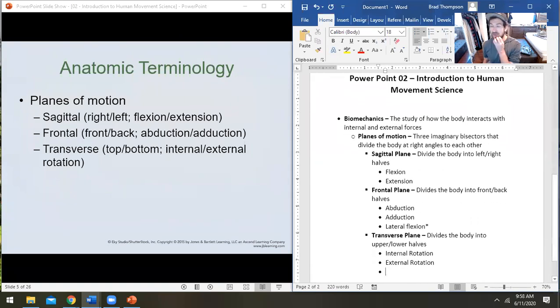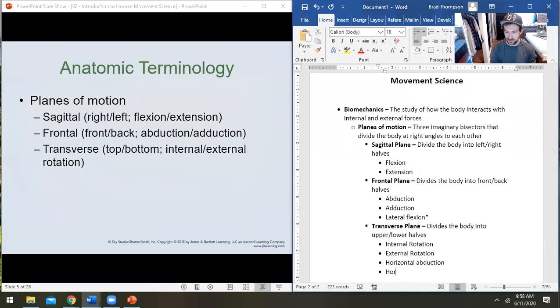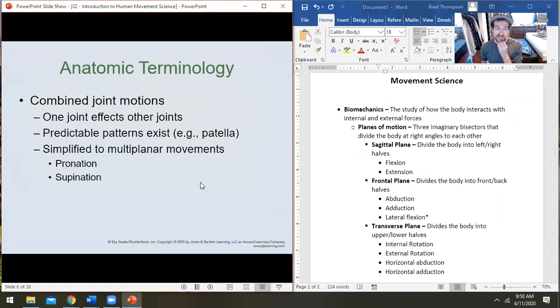But then we also have our special horizontal abduction and horizontal adduction, right? That is also an example of a transverse plane movement. So those are our planes of motion there.